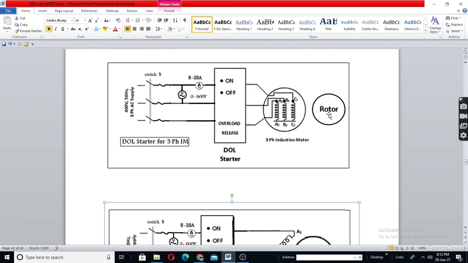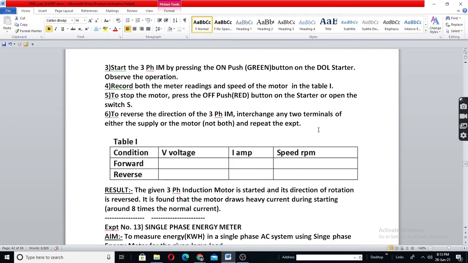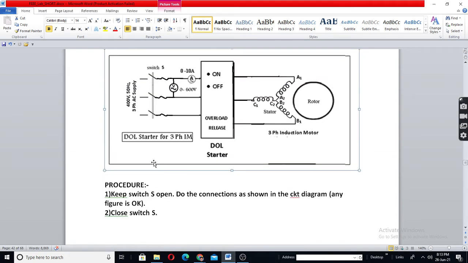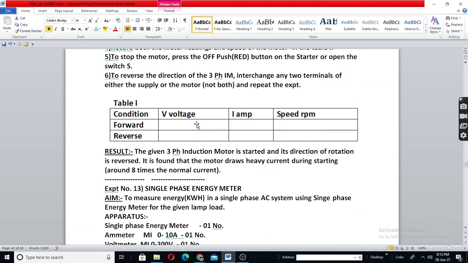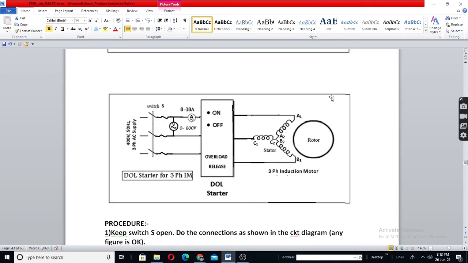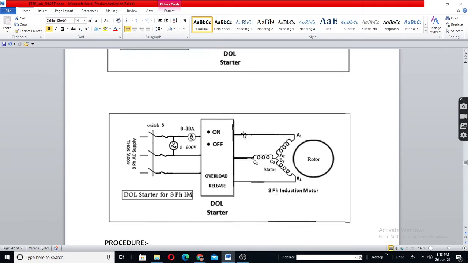You assume the first direction, whether it is clockwise or anti-clockwise, as forward. Measure voltage and current on the voltmeter and ammeter. Observe the readings and note down V and I. And also measure speed using a tachometer.